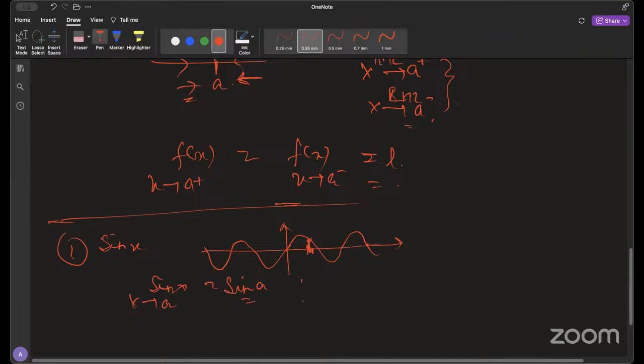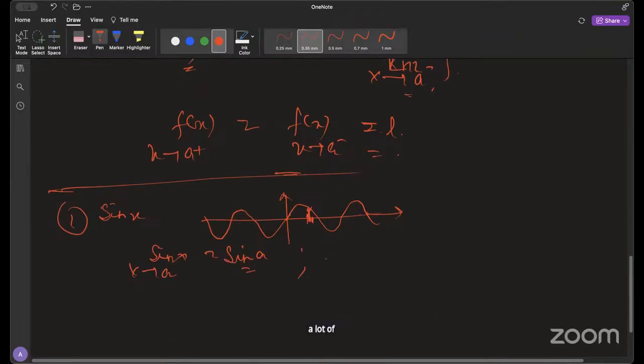That happens with a lot of other functions too. The same happens with e to the power x, because it's like this, right? The same happens with log x. It's like this.